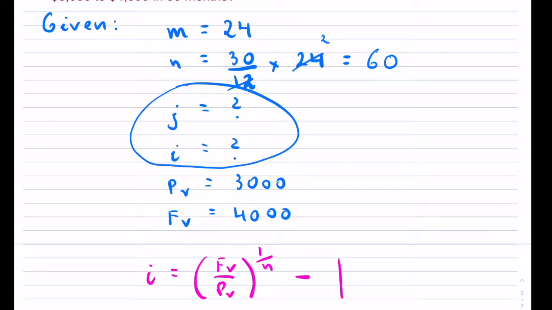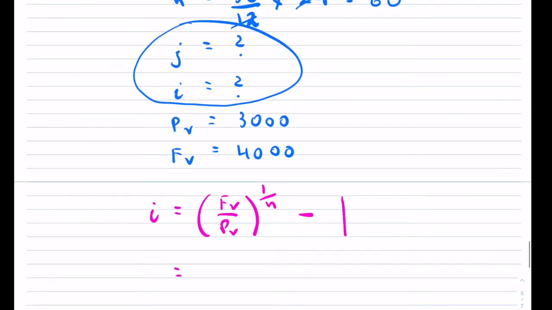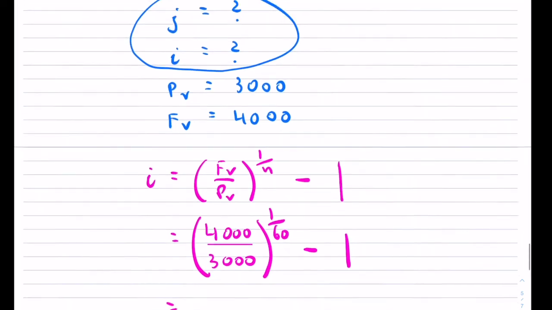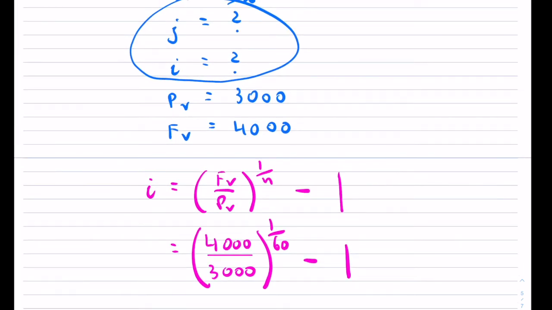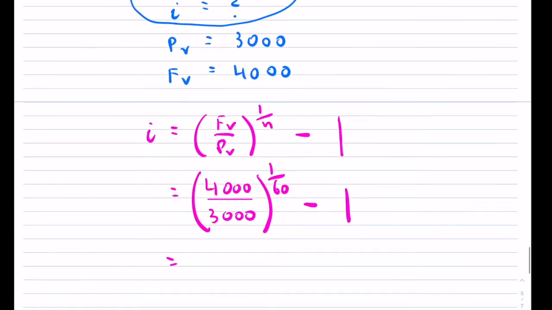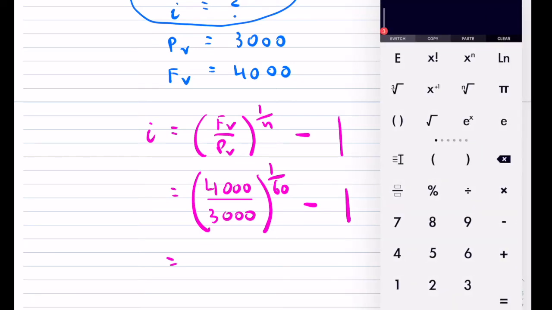I have future value, which is 4,000, divided by 3,000, to the power 1 over 60, so that's n right here, minus 1. Now I have to punch this into the calculator. If you had your business calculator, you can use that as well. I will do a video on that one and link it right after.